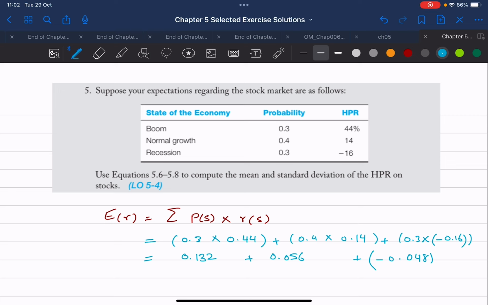And finally, we're just going to figure out the total. So 0.132 plus 0.056 minus 0.048.